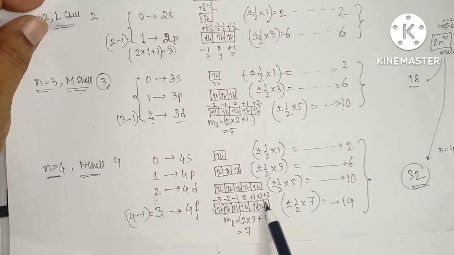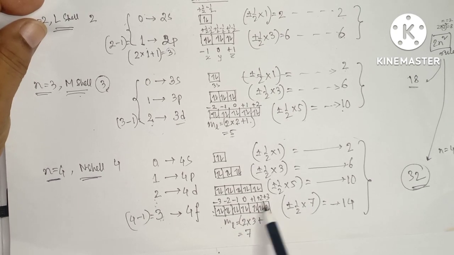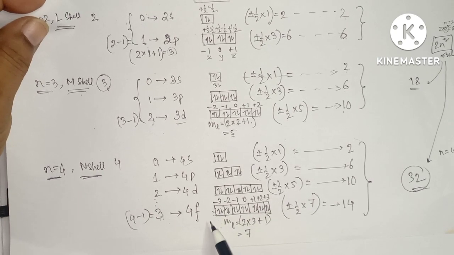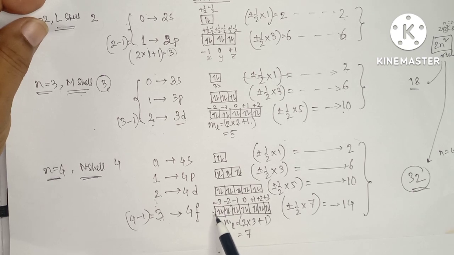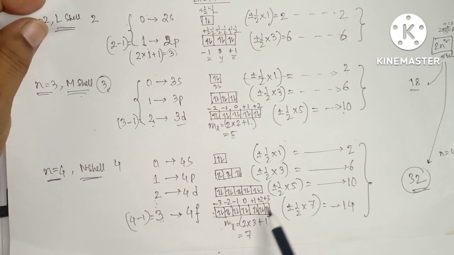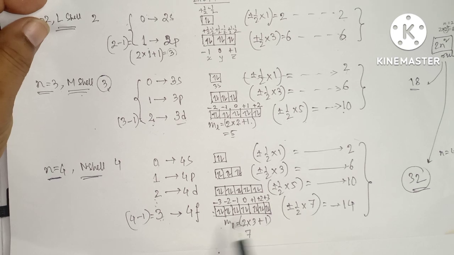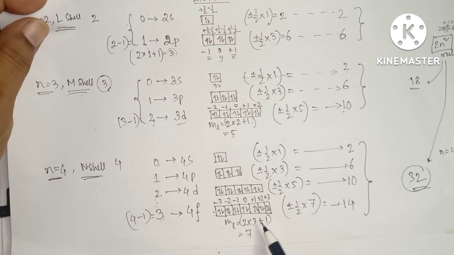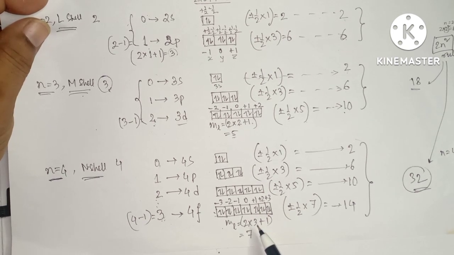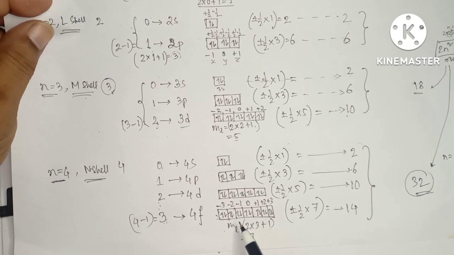So there are 7 suborbitals. For the 4f orbital, the range of suborbitals is minus 3 to plus 3. Actually, these values represent the different directions of each suborbital.